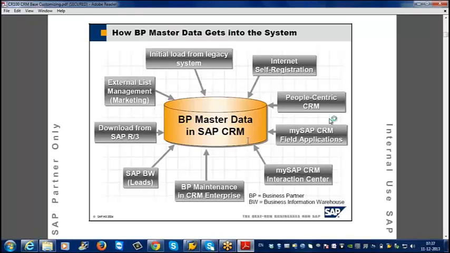In that case, I can filter the 500 customers out of 1,000 and bring those 500 customers into the CRM system. That is nothing but download. We will cover this in middleware. There is a concept called initial load, through which you can download many things from R3 to CRM.